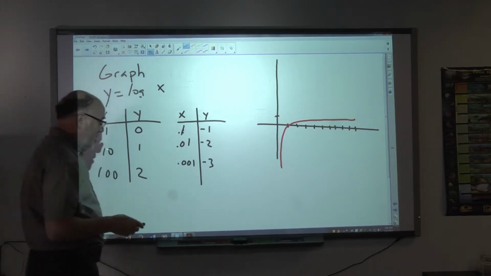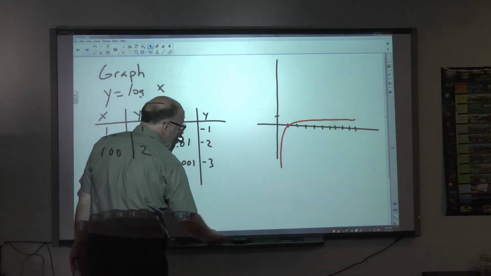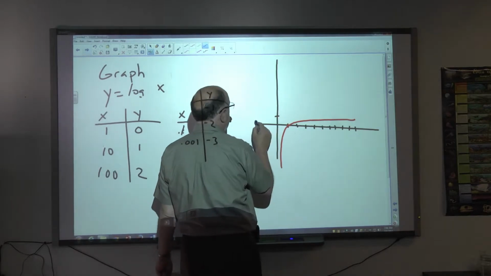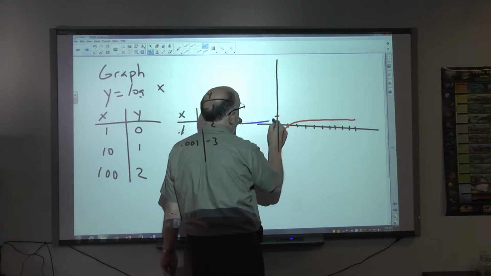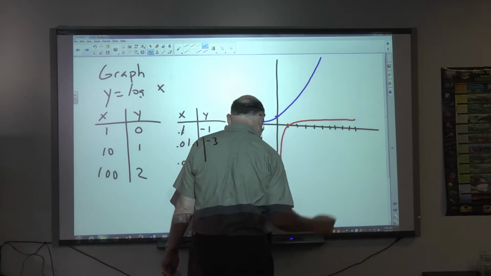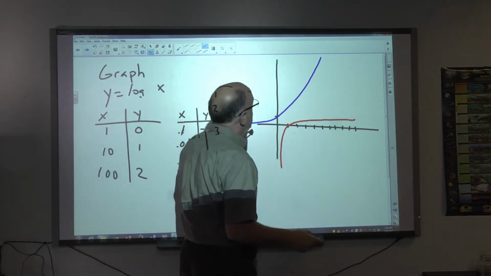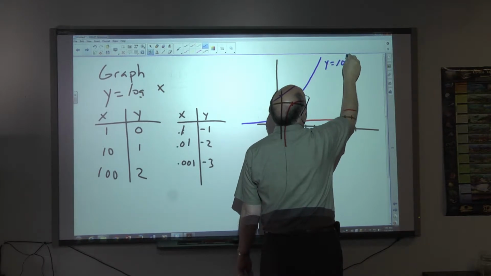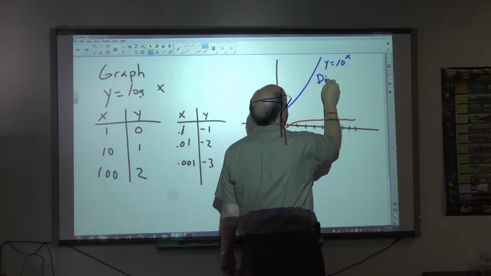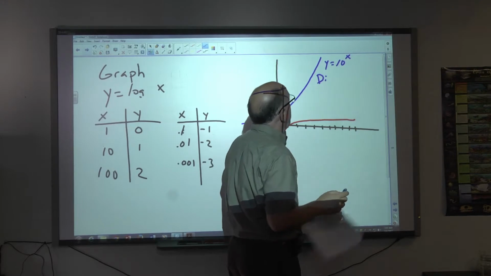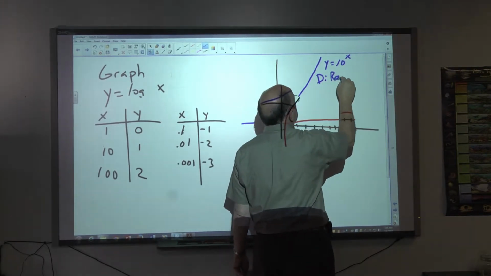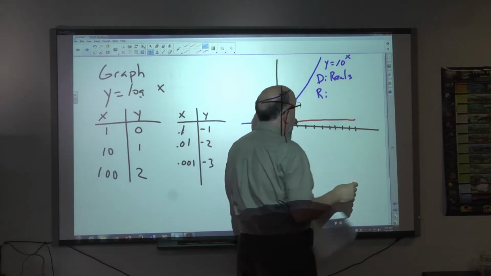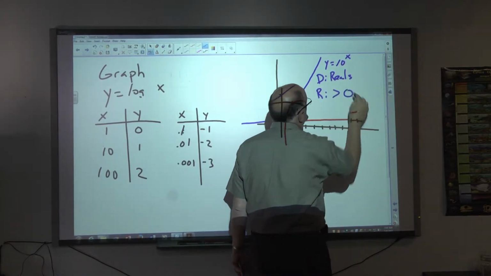And if you remember from last week, we had exponential graphs. My basic exponential graph looks like this, y equals 10 to the x. Here the domain, you can plug in any number you want for x, so the domain was all reals. And the range, the numbers you got out, were numbers greater than 0.